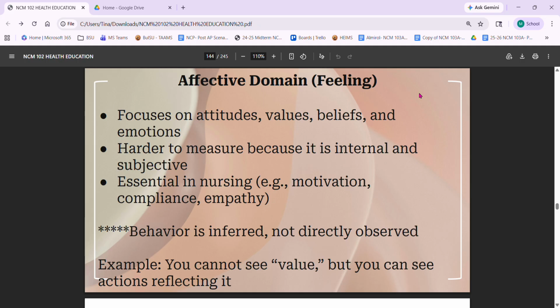Okay, example, you cannot see value, but you can see action reflecting it. Behavior is inferred. Okay, so let's say hindi mo makikita or ma-measure yung value, pero makikita mo siya in terms of the action that reflects it. Okay, so yun yung characteristic ng affective domain.